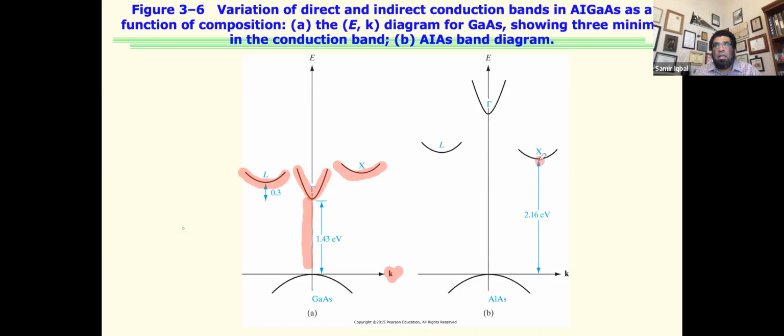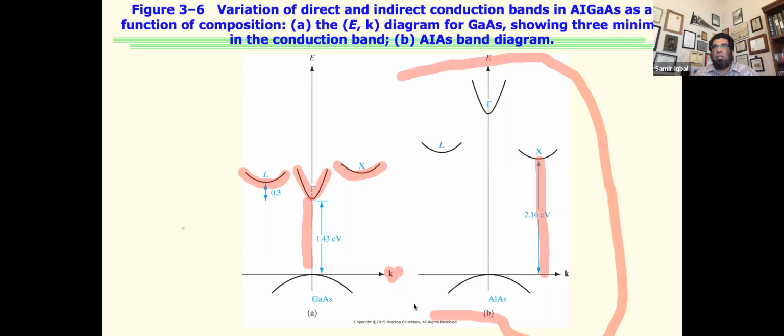If the lowest one is not lined up, we call it indirect. So if you are given a picture of the conduction and valence bands, you should be able to see that if the lowest one is lined up with the highest one of the valence band, you would call it a direct band gap. That's all there is to this concept.